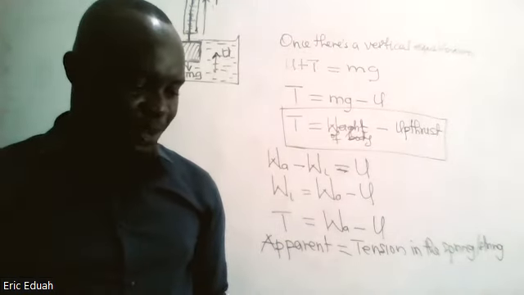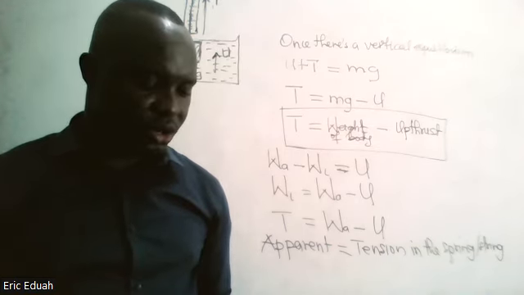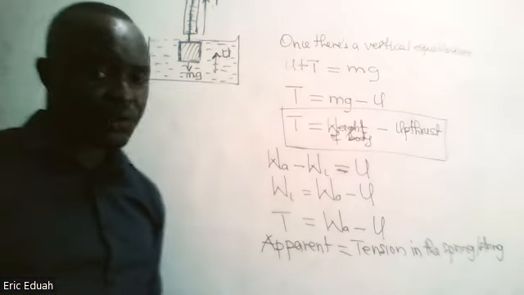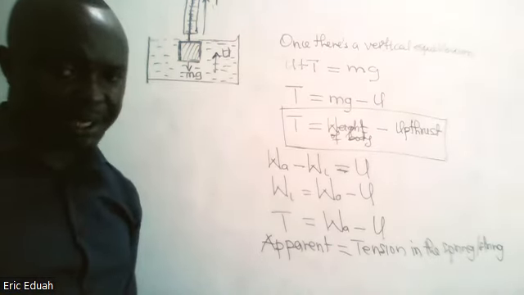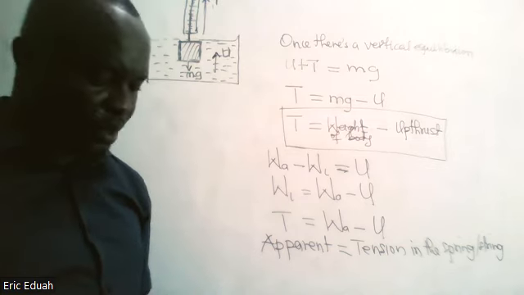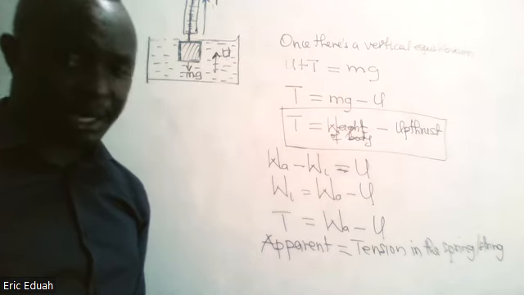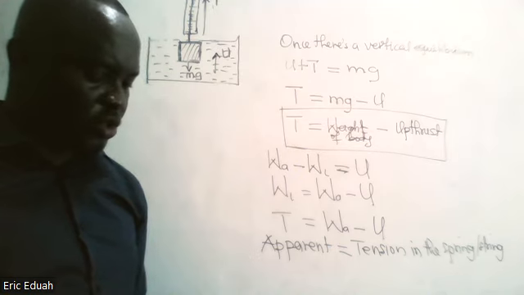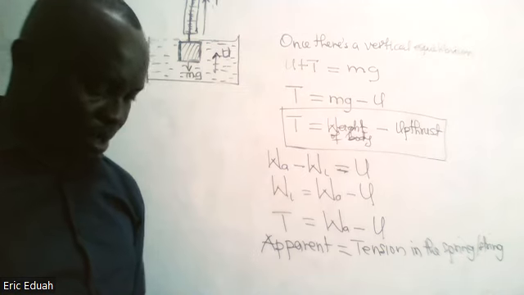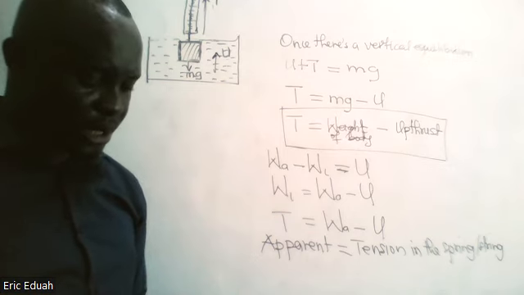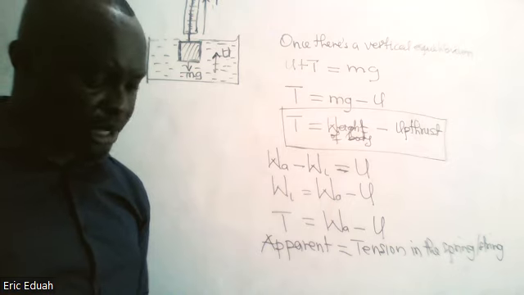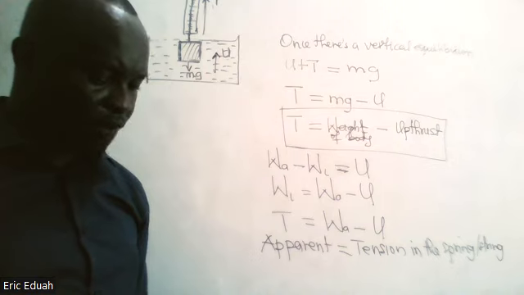So, a piece of aluminium with mass 1.00 kilogram and density 2,700 kilogram per cubic meter is suspended from a string and then completely immersed in a container of water.